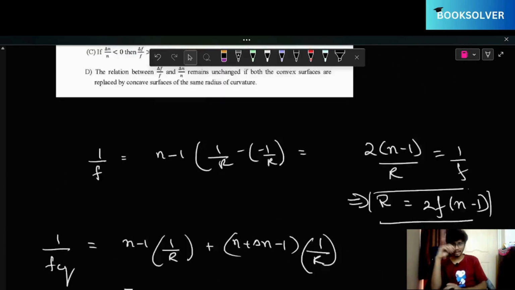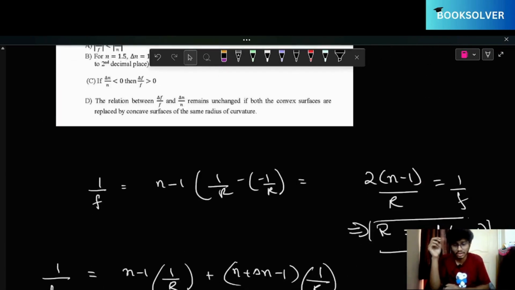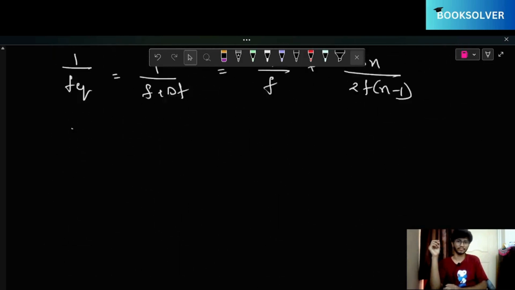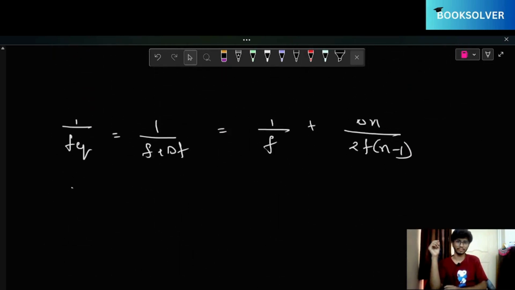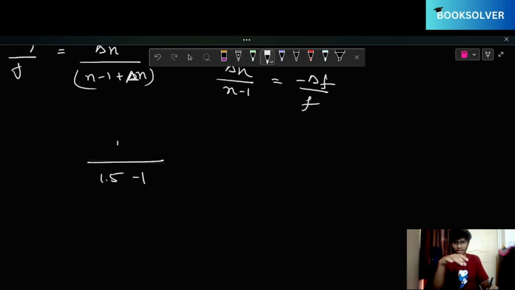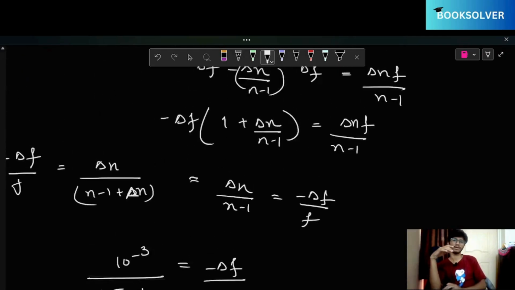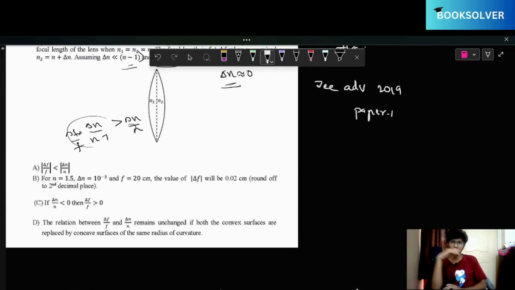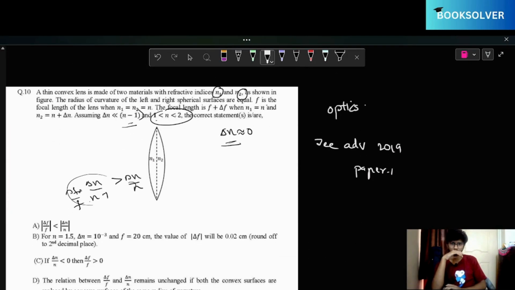Delta N is equal to 10 to the power minus 3, and F is equal to 20.